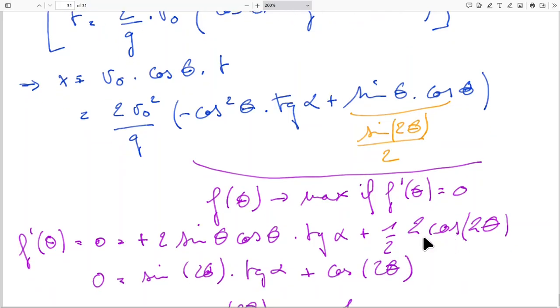is 0. So the derivative f prime of theta equals 0 gives you, well, minus cosine squared. The derivative is plus 2 sine theta cosine theta times tangent alpha, because this is just constant also.